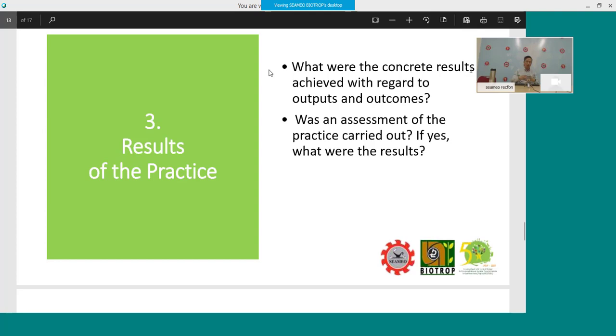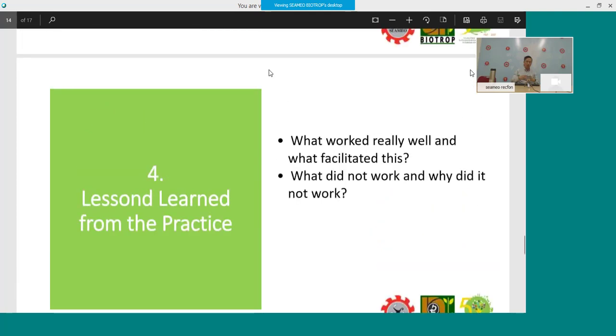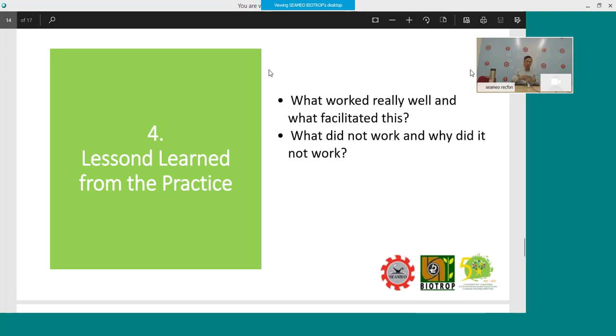And lastly, the last component will be trying to ask what lessons we learn from this practice that we have. So what worked really well and what facilitated this one. Like for example, going back to the compost, if you are able to produce compost, what would be the reason why you are successful?